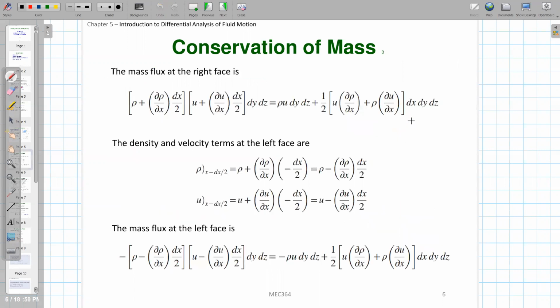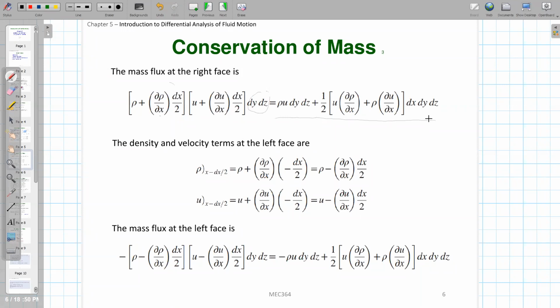So the mass flux at the right face will be this rho value times this u velocity times this surface area, and you can rearrange it in this form.